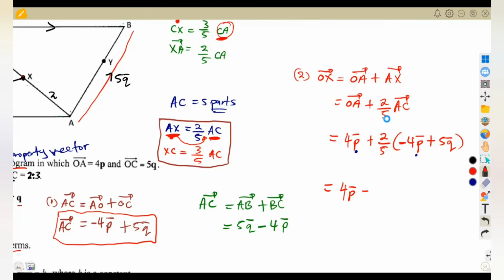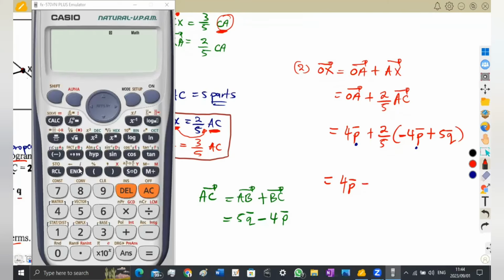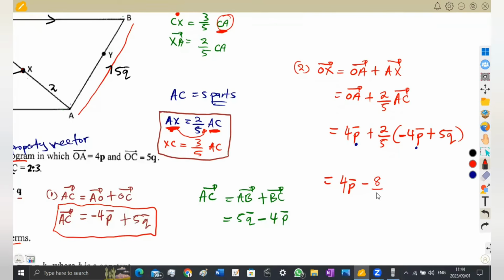To simply multiply directly like this, 2/5 times -4, that will be -8/5. Vectors, you are allowed to work with improper fractions. So write it as an improper fraction, it's fine. All right, then you do the same. 2/5 times 5, which is on Q.